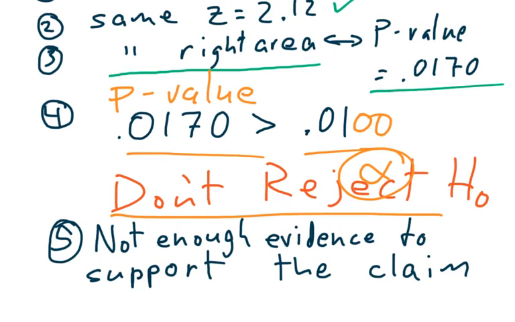If we increase alpha, I'm not even going to write this down, but let's suppose they asked us to test this claim at a significance level alpha equals 0.10, like a 10% significance level. Well, there our p-value would still be 0.0170, okay?